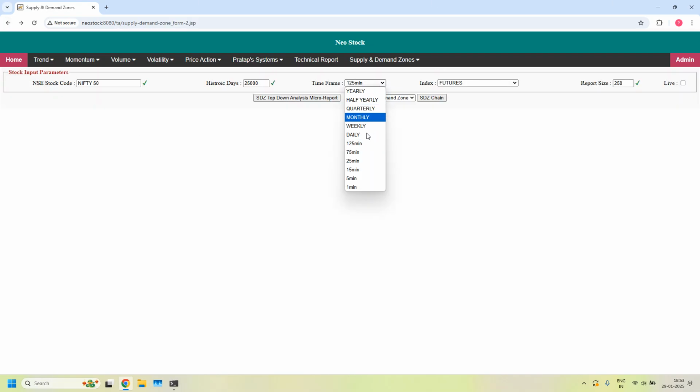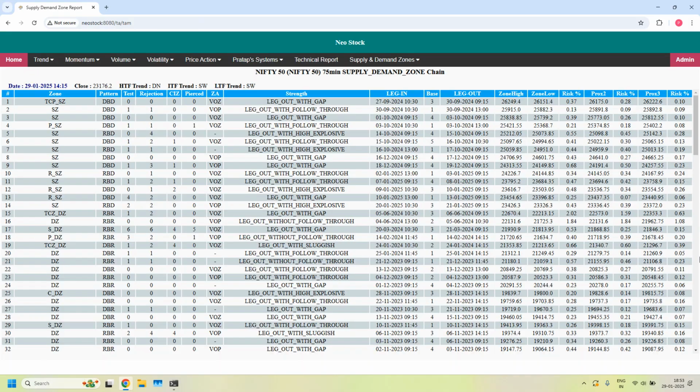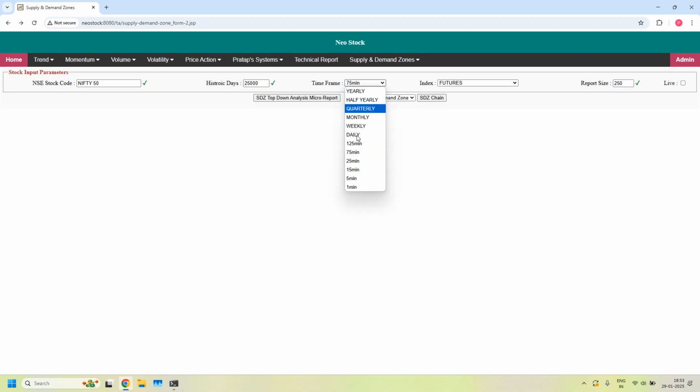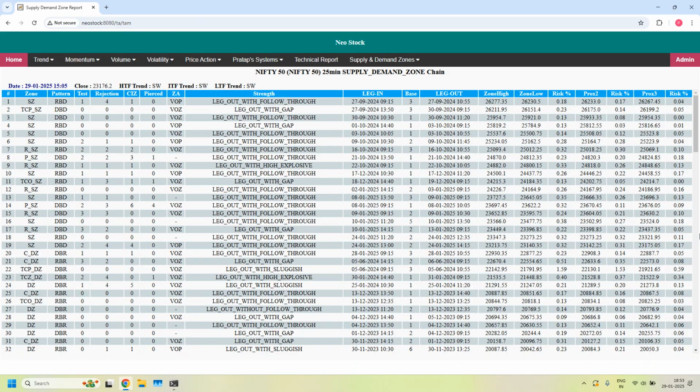Next, 75 minute supply demand zone chain for Nifty. Next, 25 minute supply demand zone chain for Nifty. Twenty is the most recent demand zone.